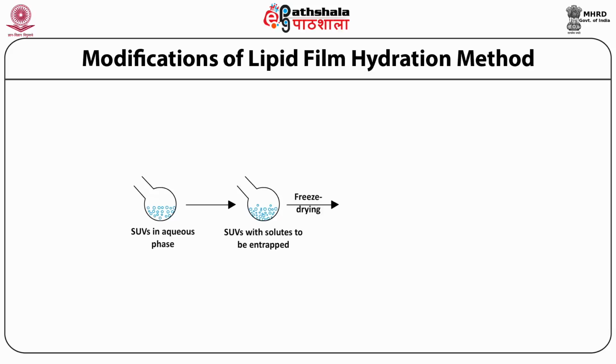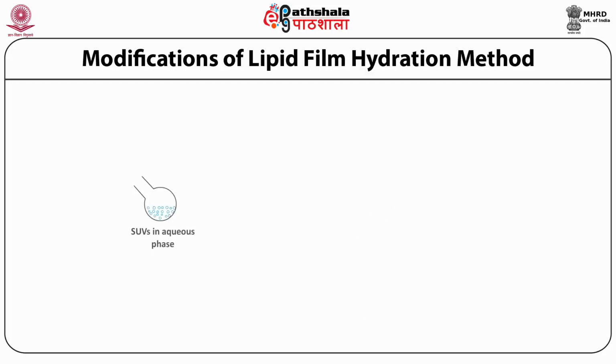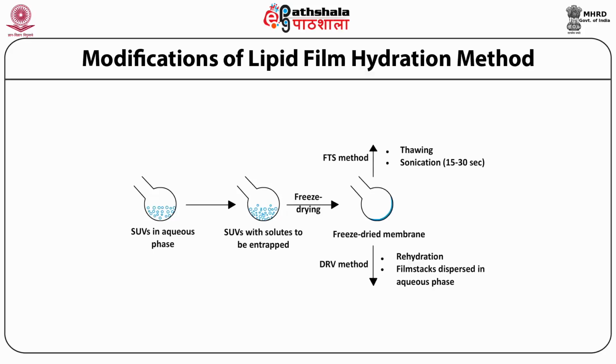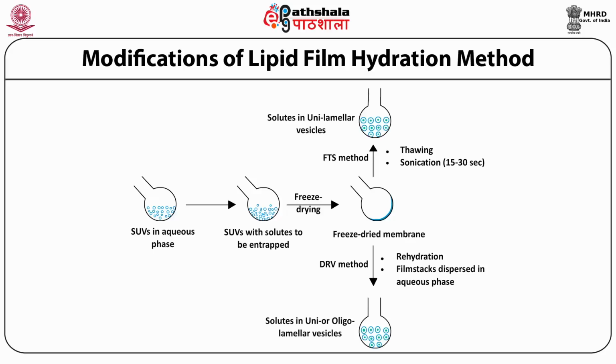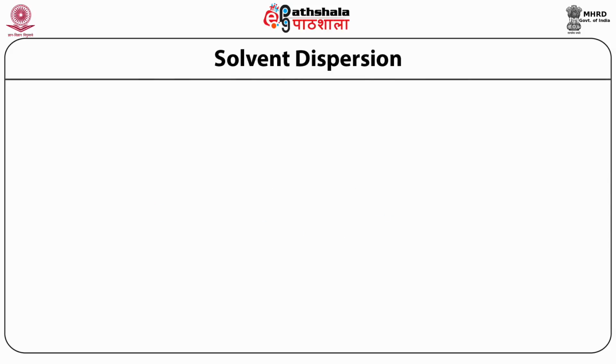This freeze-dried membrane, again, we generally do the rehydration and we get the uni or oligolamellar vesicles. While when this freeze-dried membrane goes for thawing and then sonication, this will lead to the solutes in unilamellar vesicles.